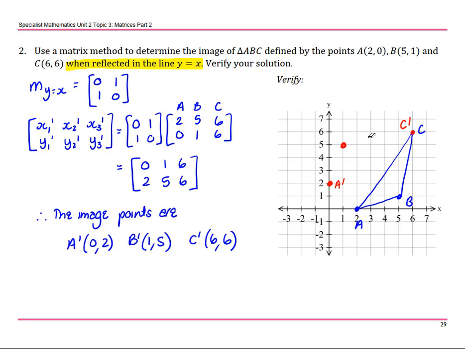Just move that B coordinate. And if we think about the reflection in the line y equals x, you can see that that's correct.